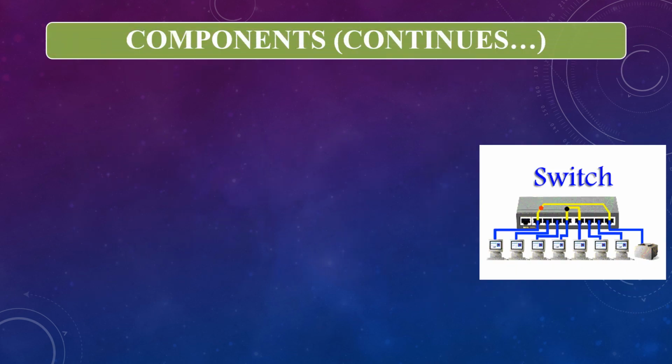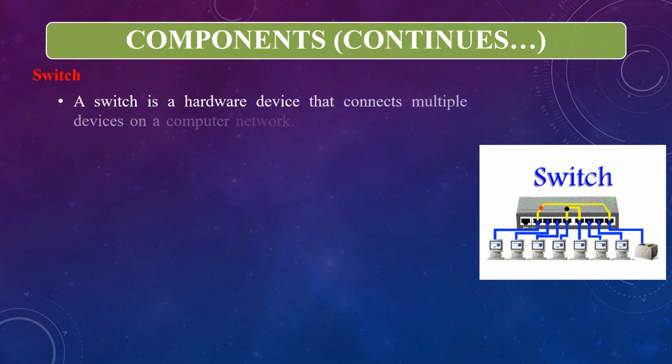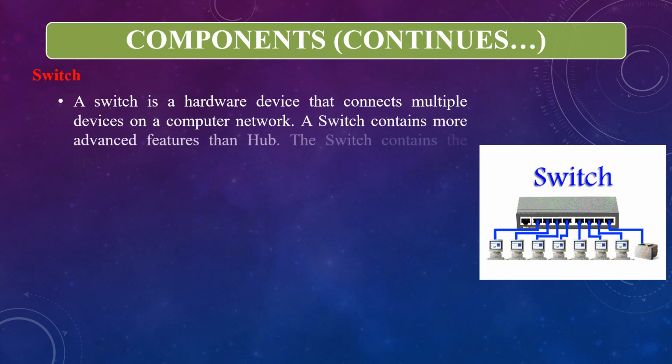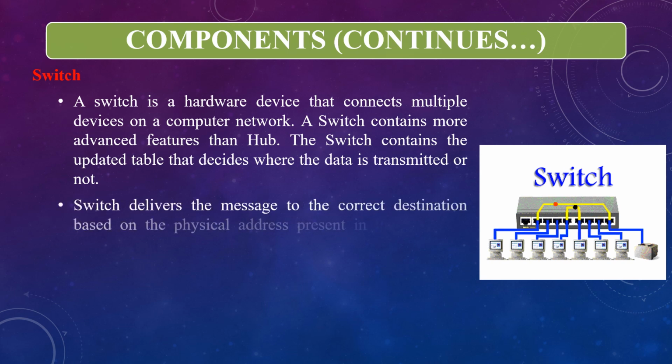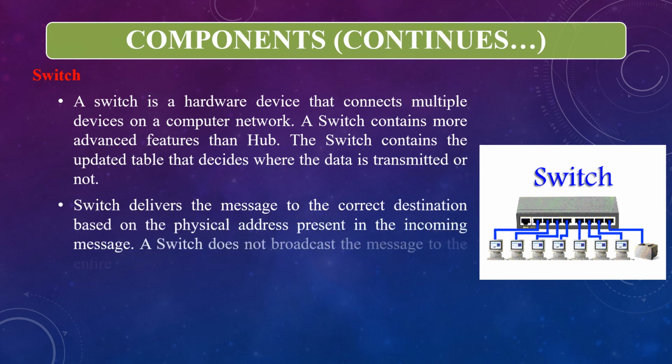So now let's learn about the switch. A switch is a hardware device that connects multiple devices on a computer network. A switch contains more advanced features than a hub. The switch contains an updated table that decides where the data is transmitted. A switch delivers the message to the correct destination based on the physical address present in the incoming message.